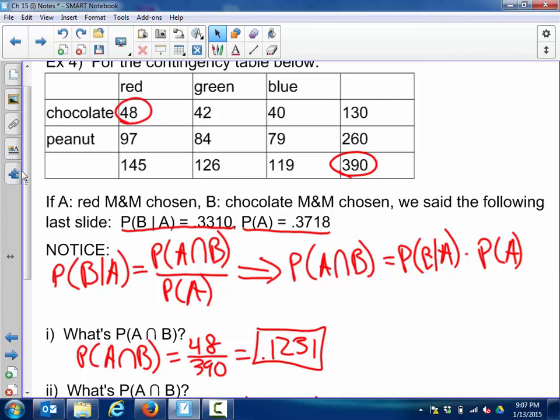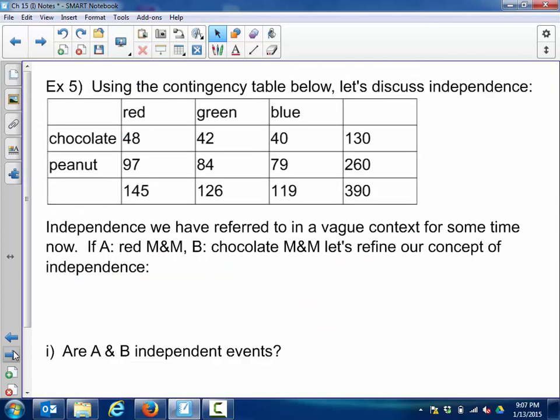So we fixed addition, we fixed multiplication, we've talked about conditional probability, at least begun to talk about it, and in the last slide we started to hint at independence when we brought up our old multiplication rule. Let's talk about this further. Using the same contingency table, or two-way table, let's refine our concept of independence.